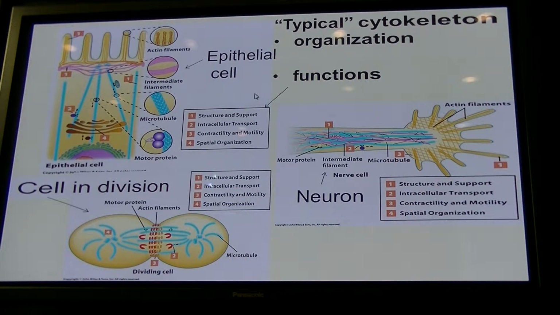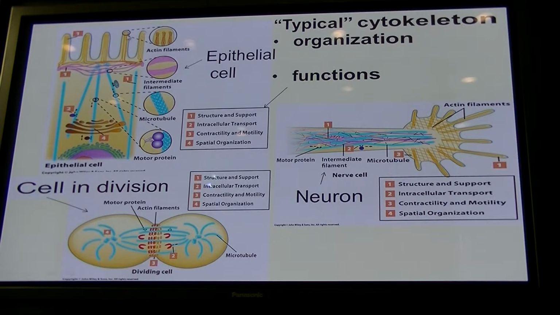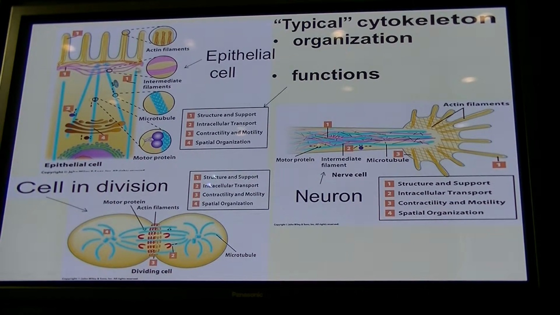So what do we see if we look at some typical mammalian cell types, or what the cytoskeleton looks like? If we have, in blue, the microtubules in an epithelial cell, you see the microtubules run out from a central point. We see the intermediate filaments, they're pinkish, and they tend to run across.